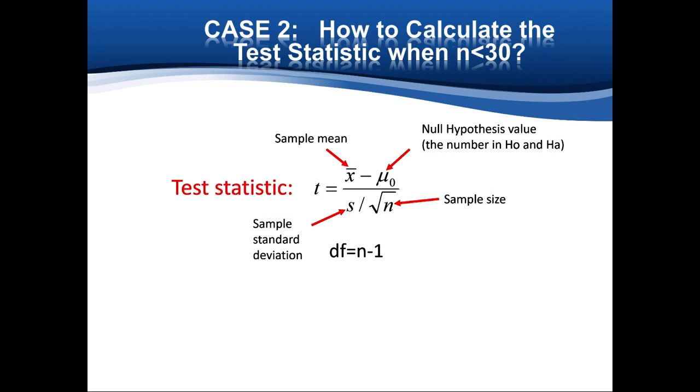The formula is like this, where x bar is the sample mean, mu0 is the null hypothesis value, the number in H0 and HA, S is the sample standard deviation, and n is the sample size. We will use the t-table to find the critical values, and the degree of freedom is n-1.